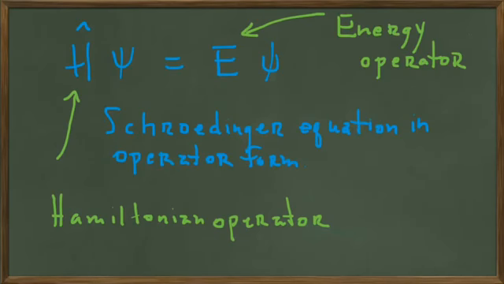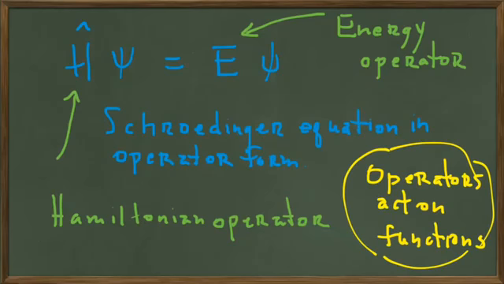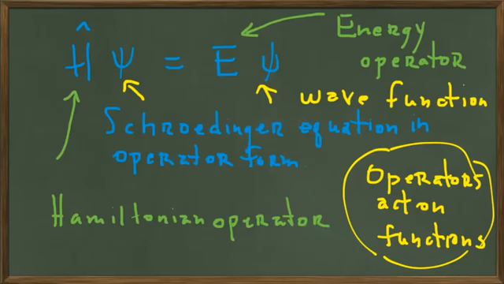Operators act on functions, and the function that these two operators are acting on is this function psi, and that is a wave function. So we'll come back to this Schrodinger equation later on in the course.